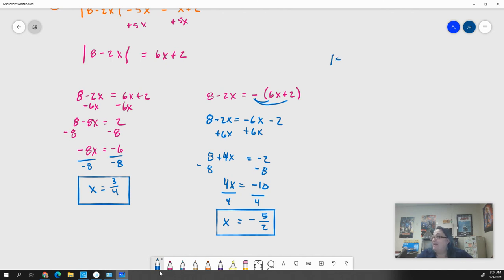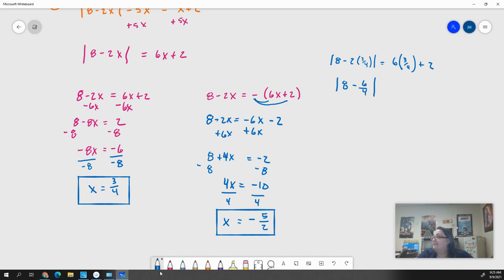If I have 8 minus 2x, well, that's 2 times 3/4 in this scenario, equals 6 times... why did I pick this problem? I'm not afraid of fractions, but they do sometimes cause me to do a lot of work. 2 times 3/4, well, that's the absolute value of 8 minus 6/4.